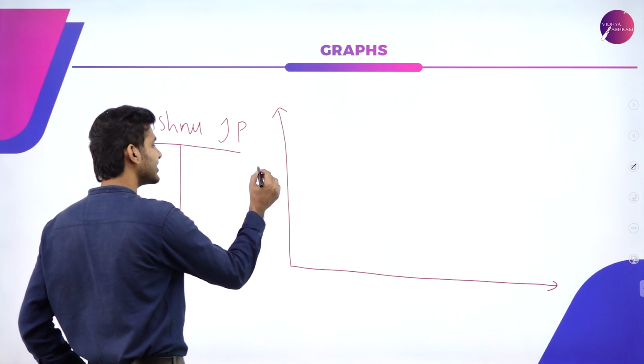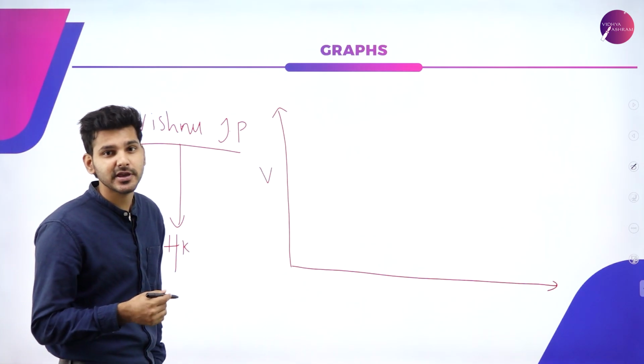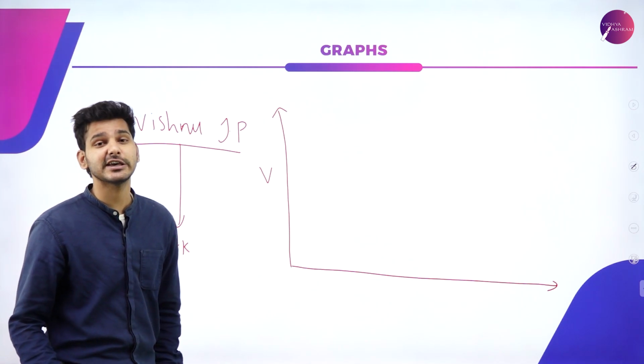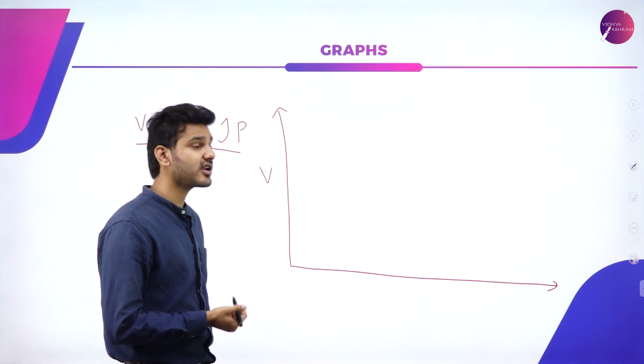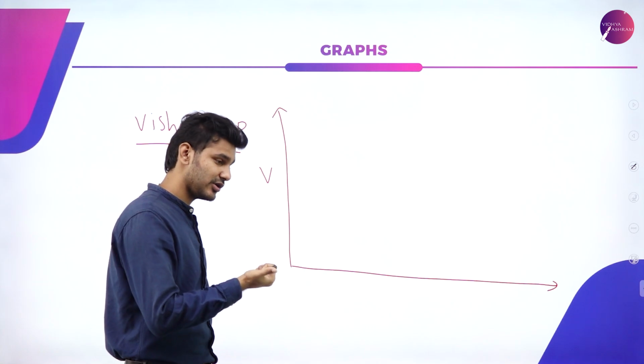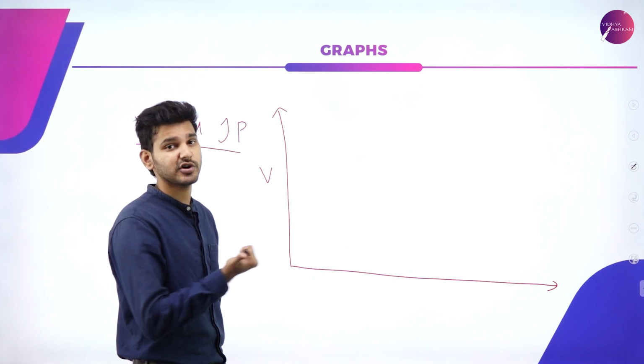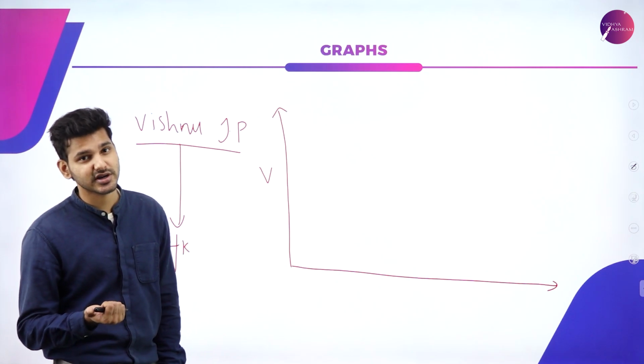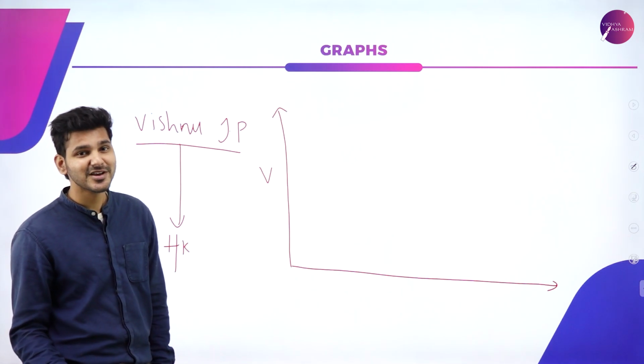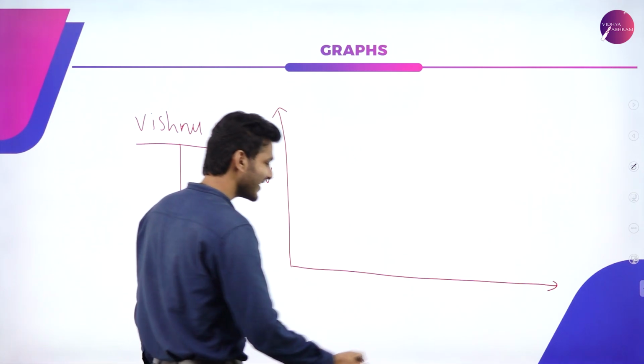Because I am very creepy, I'm going to measure his velocity time graph. I'm going to sit there with my phone, look at his position, and ask him where he is and what his speed is at every instant of time, and I'm going to plot a graph of velocity against time, because I have no other job.